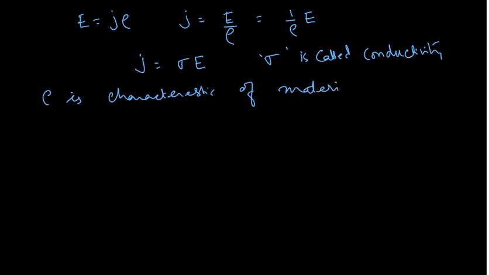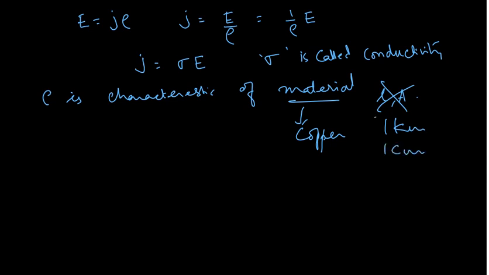This does not depend on length, area or whatever. For example, for every copper material, whether 1 kilometer of copper or 1 centimeter of copper, both of them will have the same rho. It doesn't depend on length. Same goes with the conductivity also. Conductivity is a material property.